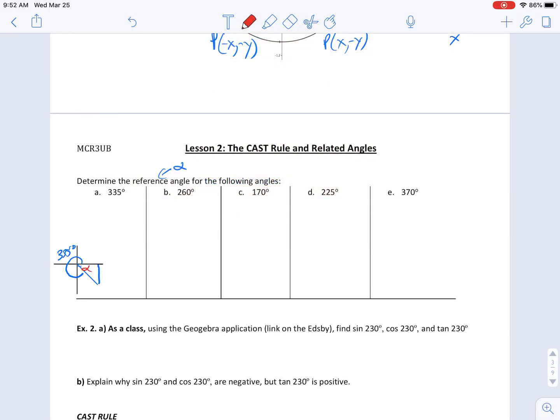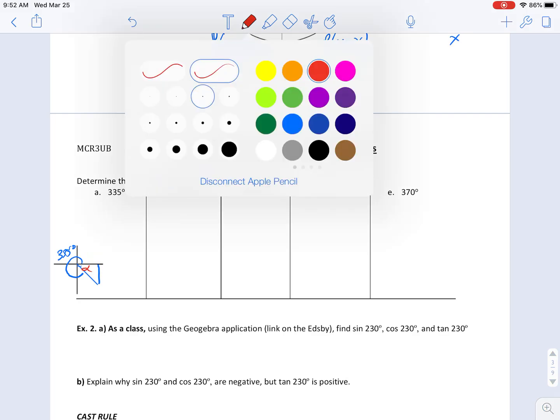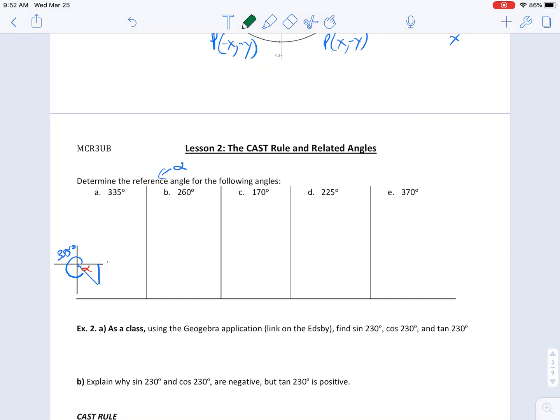What I want to find is what is this thing. And for most people, hopefully you're able to figure this out without using any sort of algorithm. All of these axes represent certain angles. So I go from 0 to 90 to 180 to 270 and all the way to 360. So in this case, alpha, the easiest way to find it is going to be to take the bigger angle, which is 360, subtract the 335.